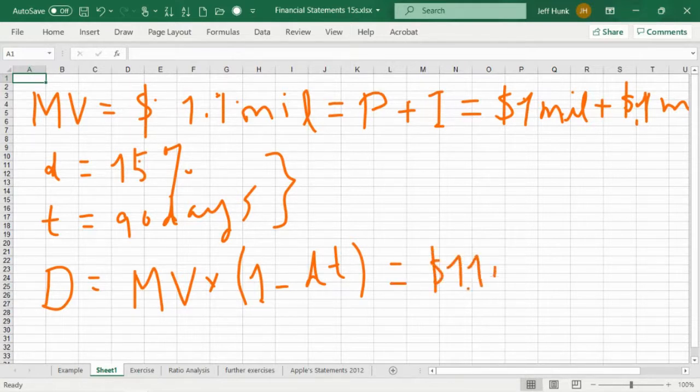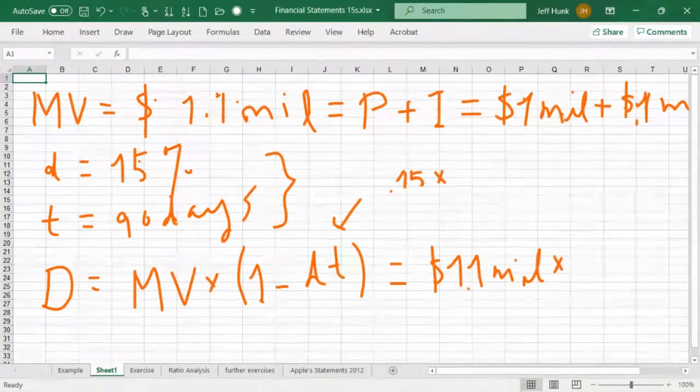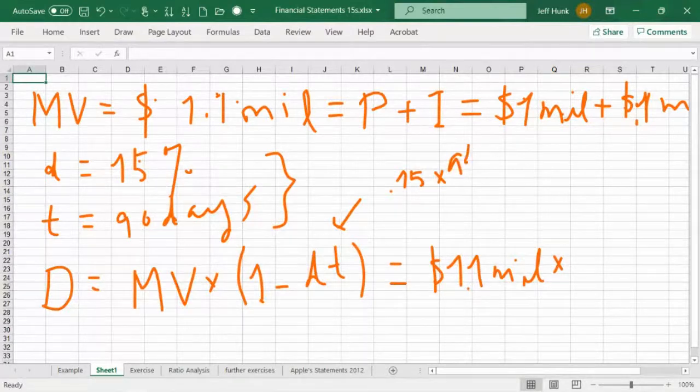So in this case, it is 1.1 million times 1 minus d times t, where d is 0.15. Now, 90 days is, oh, remember all rates are annual, so you cannot just multiply it by 90.